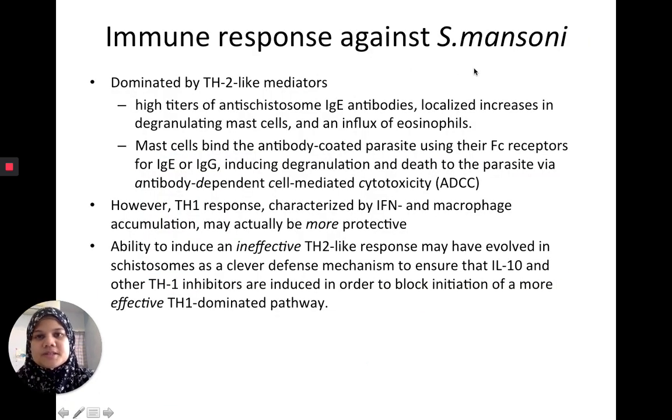The immune response against Schistosoma mansoni in particular is dominated by the Th2 response. What's interesting is that they found the Th1 response, which means you produce interferons and there's macrophage activation, might actually be more protective.